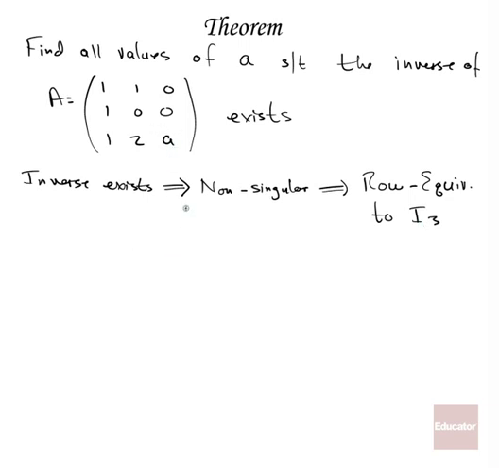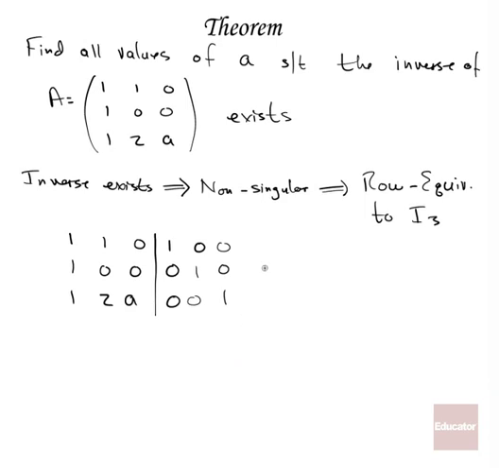And here's where mathematical software absolutely comes in. It'll do this entirely symbolically for you. And here's what we get. We get 1, 1, 0, 1, 0, 0, 1, 2, A, 1, 0, 0, 0, 1, 0, 0, 0, 1. That's our augmented matrix.